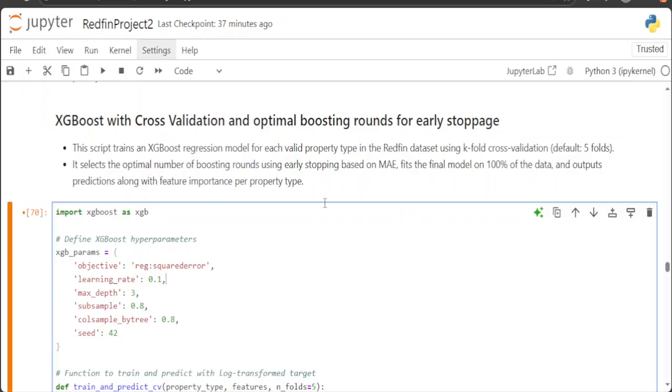In the previous video, we ran the XGBoost regression model with cross-validation and optimal boosting rounds for early stopping, and then fit that final model on 100% of the data.